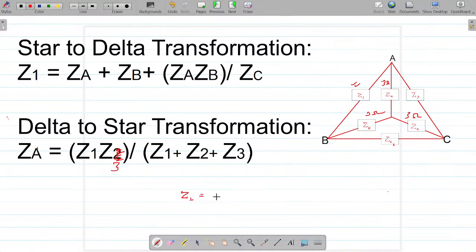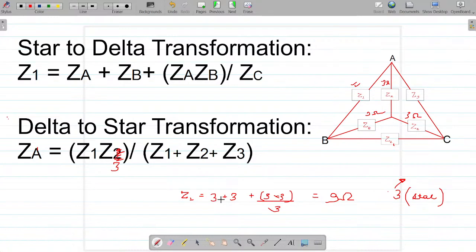Z1 would be 3 plus 3, plus 3 into 3 divided by 3, which equals 9 ohms. Can I say it is 3 times the impedance of star? I was provided with identical star network elements, and the equivalent delta impedance was found to be 3 times the star impedance, right?